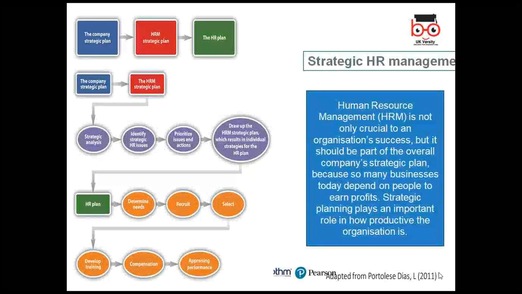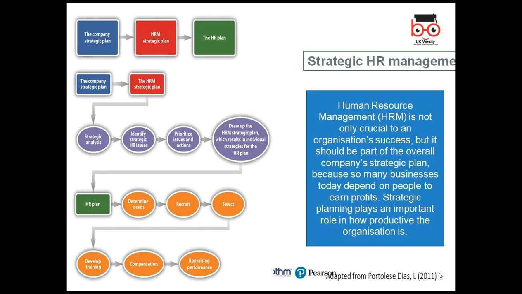Today, because we are discussing the more structural side, the company's strategic plan, then the HR strategic plan, strategic analysis. We need to identify any HR issues, prioritize the issues, and draw up the human resource strategic plan.